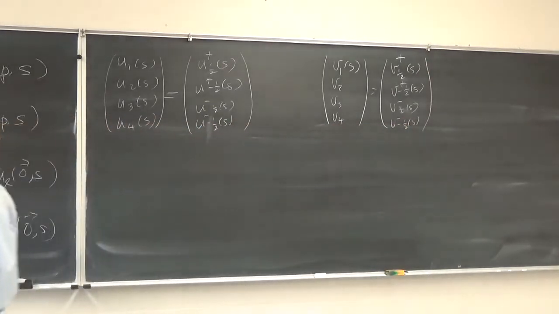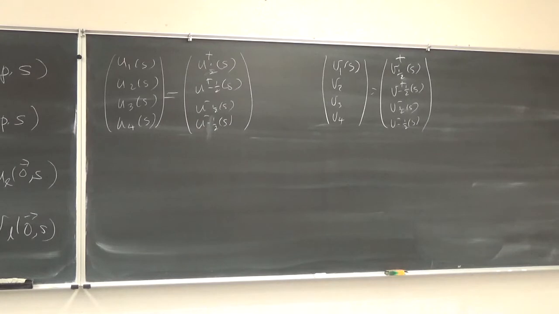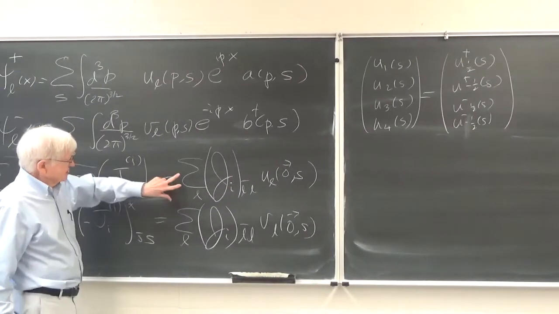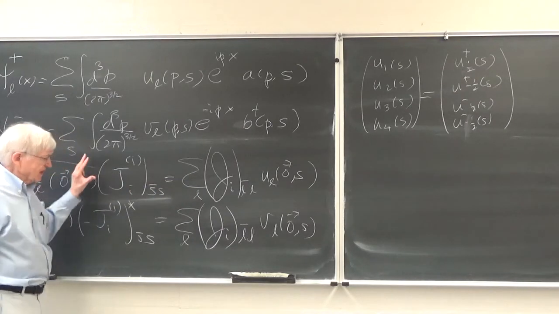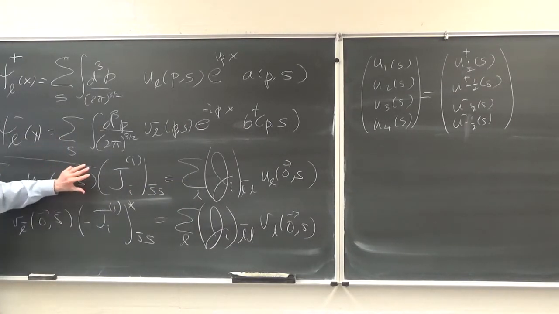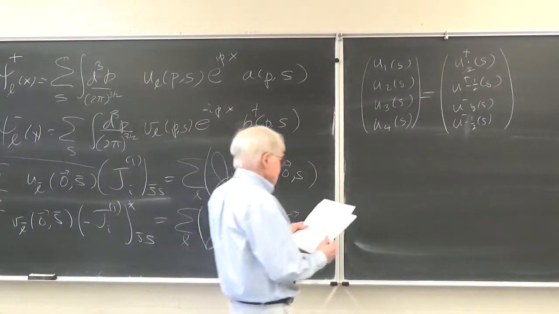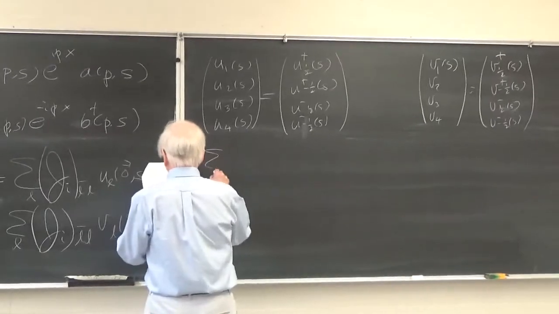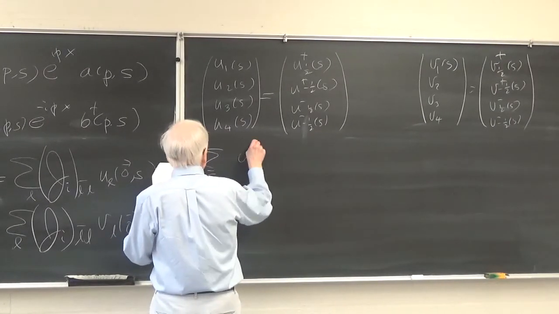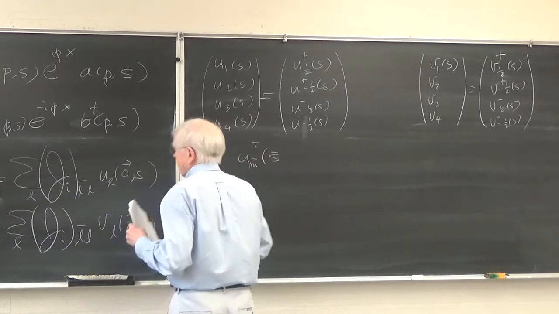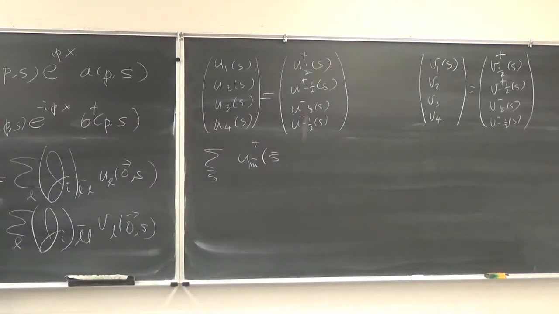And then, if we look at these equations, we can split them into four equations, because each of these splits into a plus equation and a minus equation. So we have a plus equation and a minus equation, plus equation and a minus equation. And so what this looks like then is sum on S bar, U plus M bar, and I'm going to leave out the zero momentum.